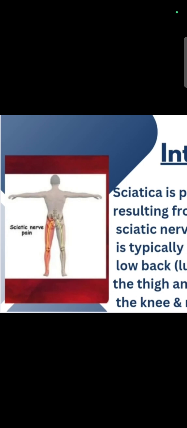Generally, this pain is caused due to the sciatic nerve. Sciatica is a disease of the lower extremities, that is, the pain of the sciatic nerve in the lower extremity from the thigh or the buttock to the foot.